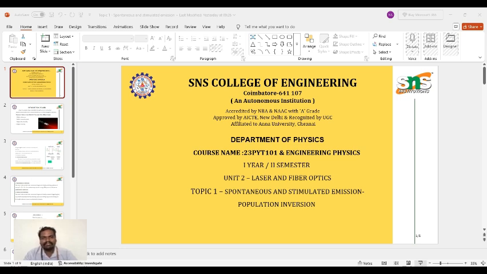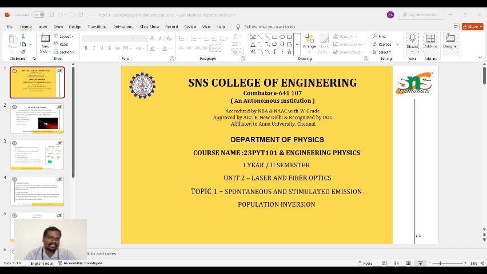The difference between spontaneous emission and stimulated emission: they have two different types of work nature. In stimulated emission, an atom in the excited state is induced to return to the ground state. In spontaneous emission, the atom in the excited state returns to the ground state, thereby emitting a photon without any external inducement.